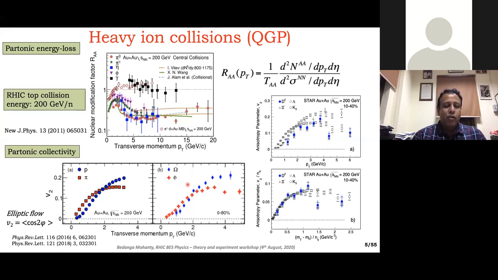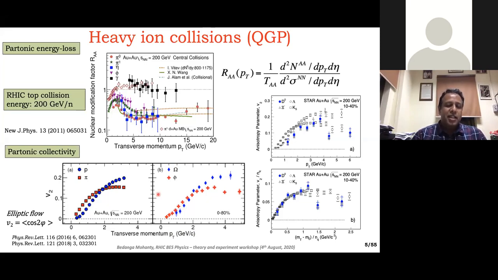Remember, the phi and omega are multi-strange hadrons. Their freeze out is quite early and they have small interaction cross sections with hadrons. Hence, their equally large collectivity reflects that a significant amount of this is coming from the partonic phase.